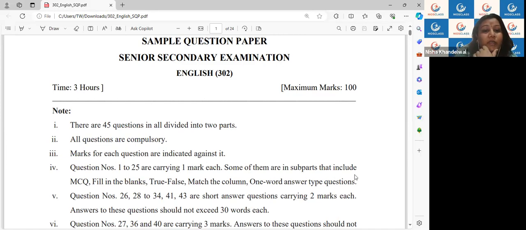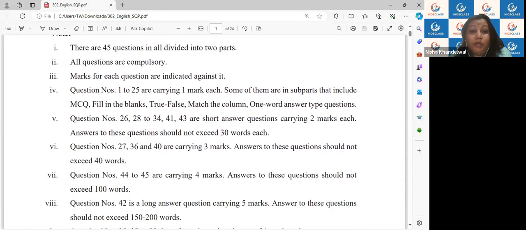Okay. So here we can see the instructions given. Now, I would like to say that you need to be very careful about these instructions. For example, it is saying 1 to 25. Question numbers 1 to 25 are carrying 1 mark each. So it will consume almost, I guess, 45 minutes, not more than that.